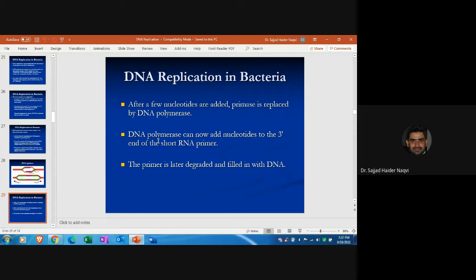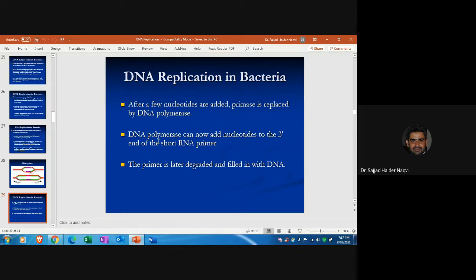Now, after a few nucleotides are added, the primer is complete. So once the primer is ready, the primase will be replaced by DNA polymerase, because the purpose of the primase enzyme is to make a primer. So once the primer is there, the primase will be removed and replaced by the actual DNA polymerase enzyme. And now this DNA polymerase will do its function.